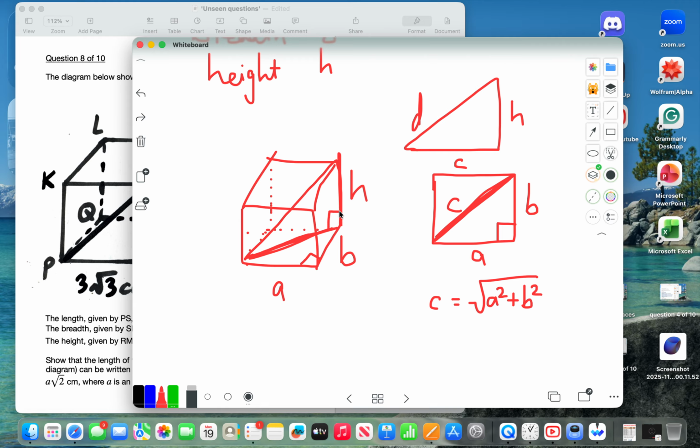Well, you see that we have a right angle again, and this is in 3 dimensions. So what we then do is we get D equals the square root of C squared plus H squared.